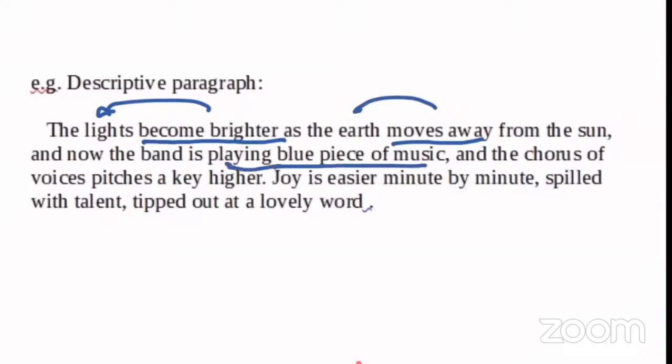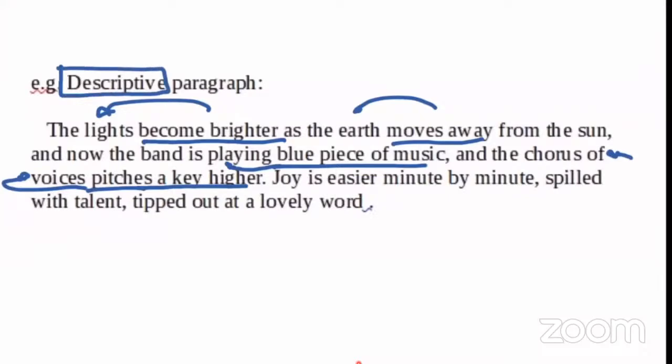And the chorus pitches a key higher, which goes to the voices of the chorus. So it's giving a description of what is being talked about. That's the reason we are in front of a description.